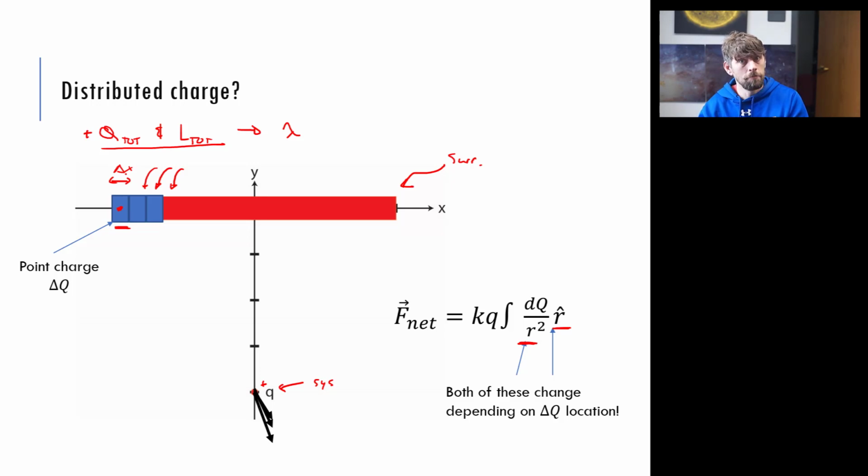I'll say that again. We will have to come up with a function that describes the position of each of the source charges. Once we have that function that describes the position, then we can find the relative position vector. Once we have the relative position vector, then we can do everything that we need to do.